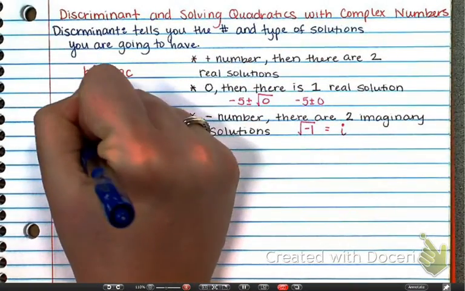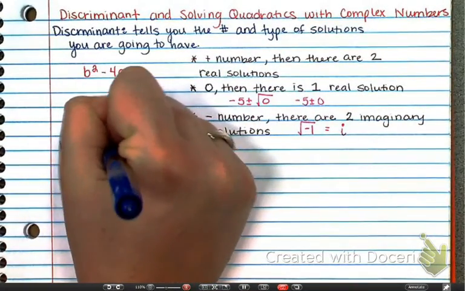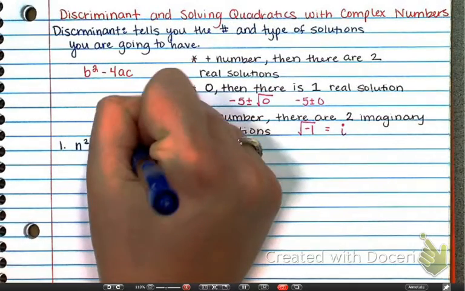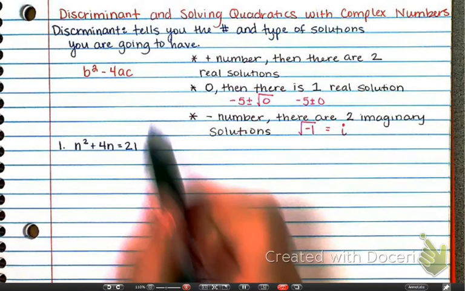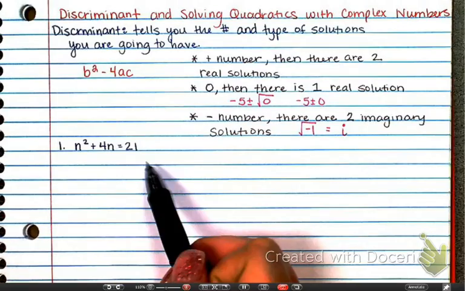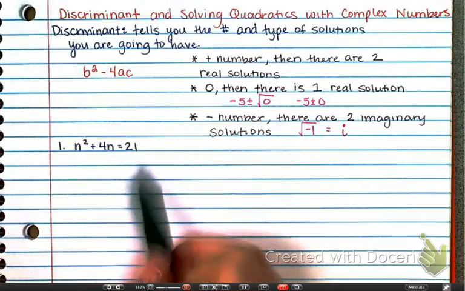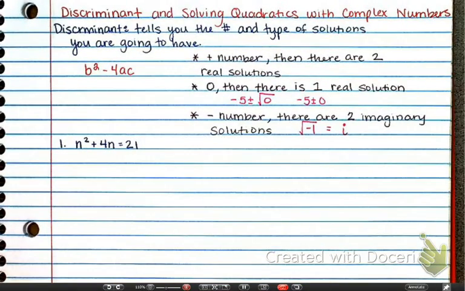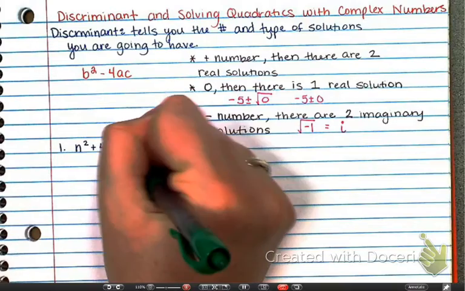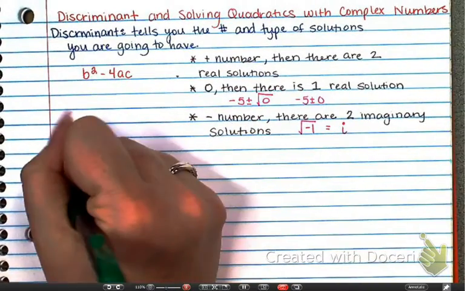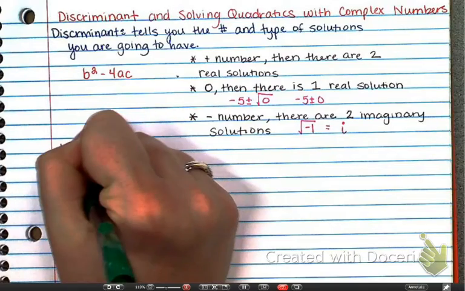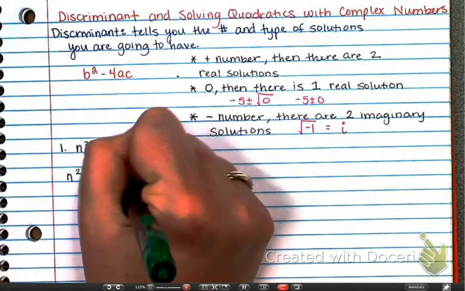So let's look at n squared plus 4n equals 21. In order to even plug anything into this, I have to know what A, B, and C are, which means I have to rewrite this in standard form. In order to write in standard form, I'm going to subtract 21 from both sides, giving me n squared plus 4n minus 21 equals 0.